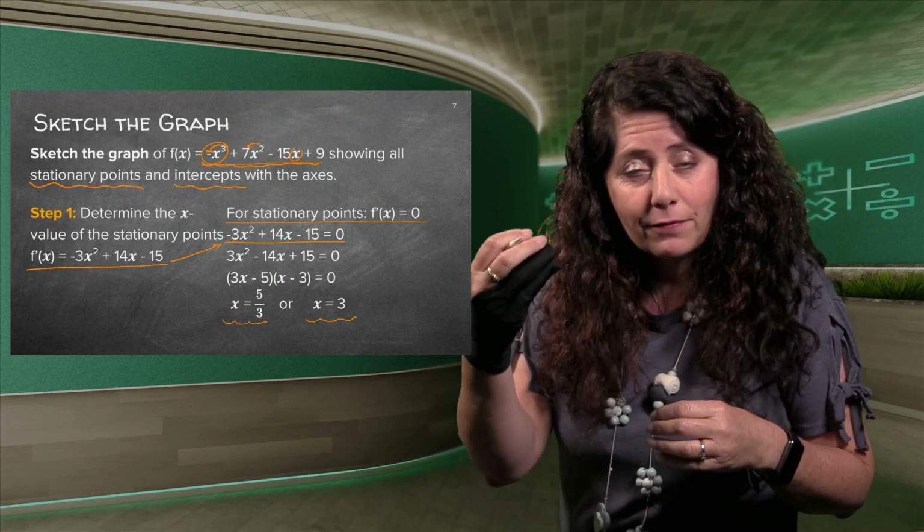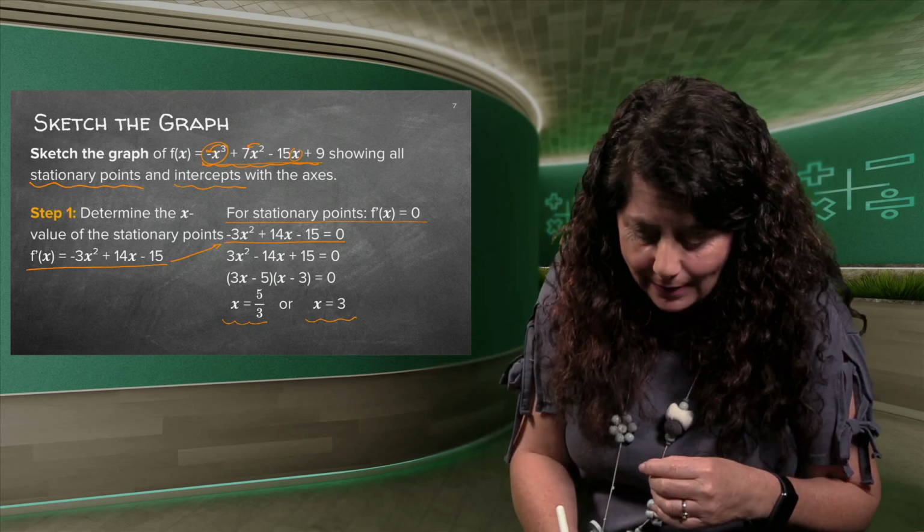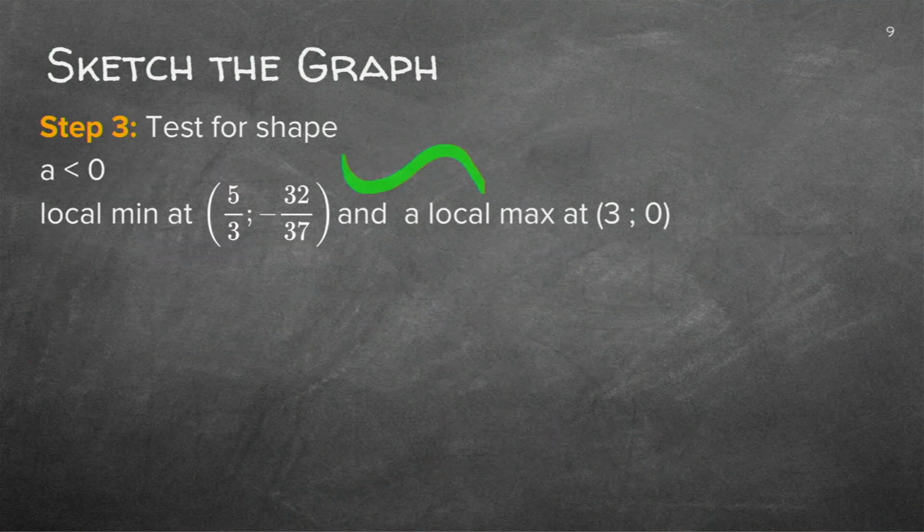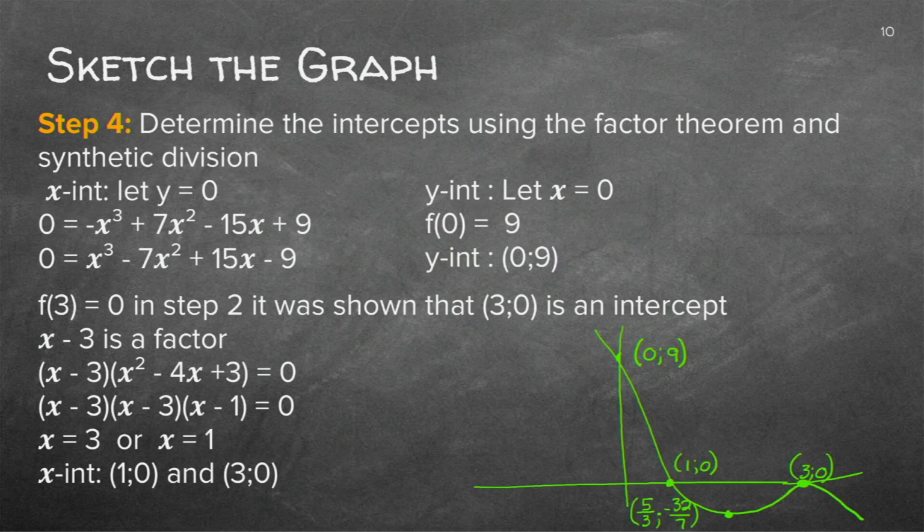So x^3 is the biggest one, and it's a negative. So that's why a will be smaller than 0. And your shape will look like that. So your local minimum will be at that point, and your local maximum is at (3, 0).